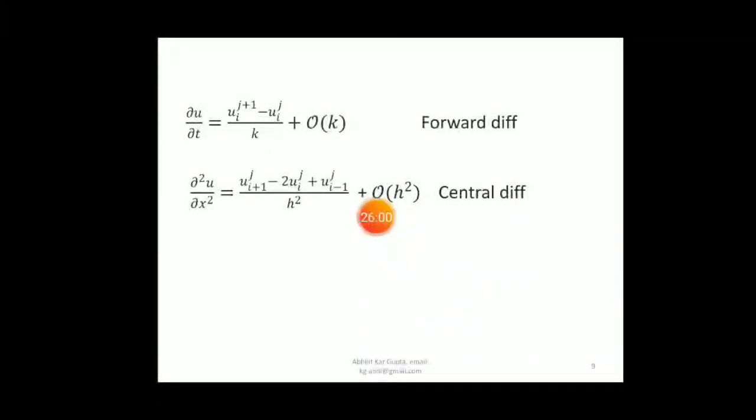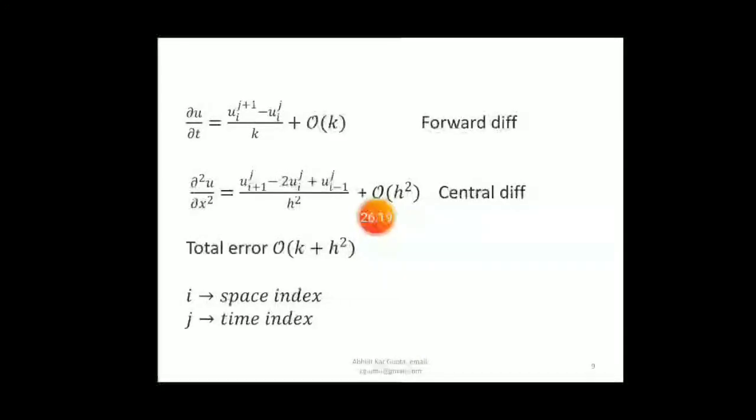So it is obvious. In this form of discretization from the two formulas, the total error is order of k plus h square, right? And remember, i is your space index, j is your time index, right?